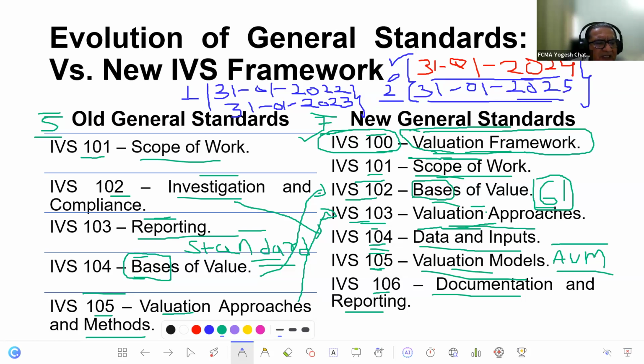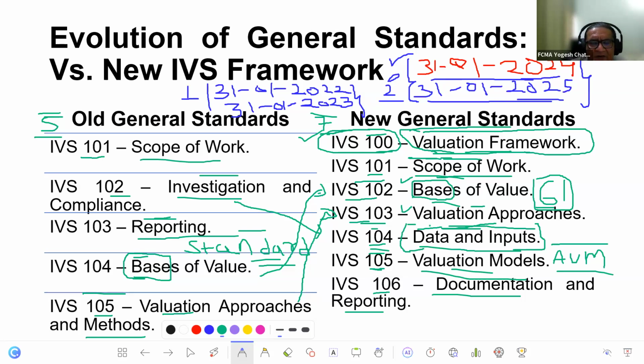We can finalize the valuation approaches. And then once we have finalized the basis of value, premise of value, valuation approach, valuation method, based on that we need to collect data and inputs related to the valuation assignment.